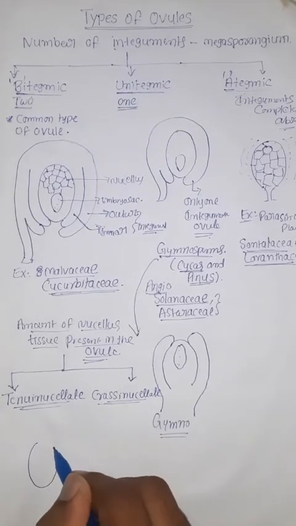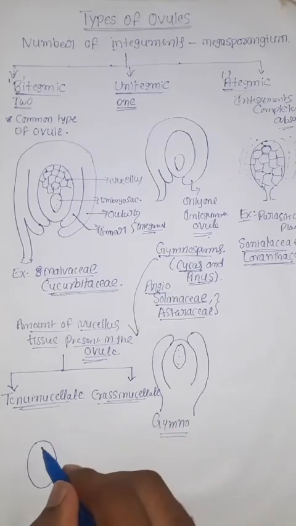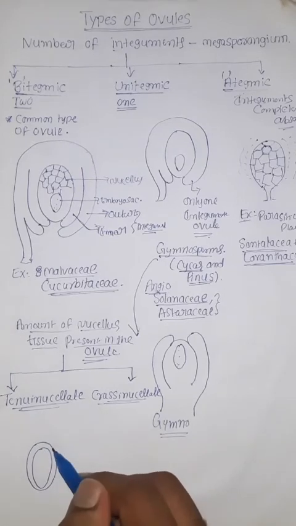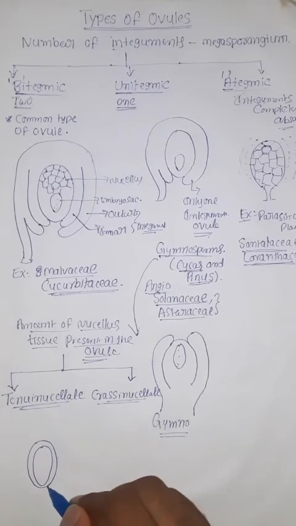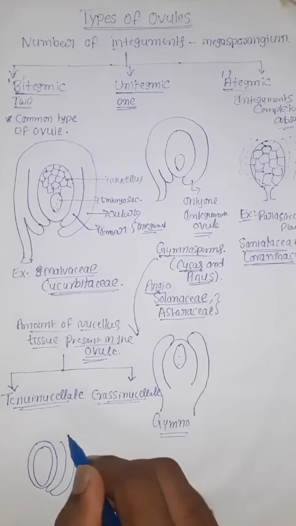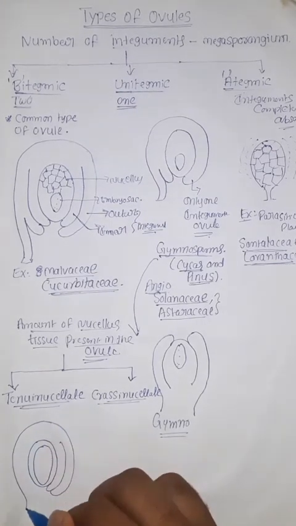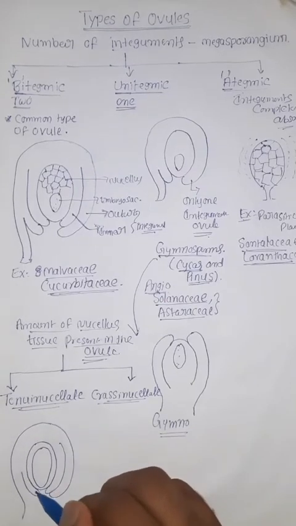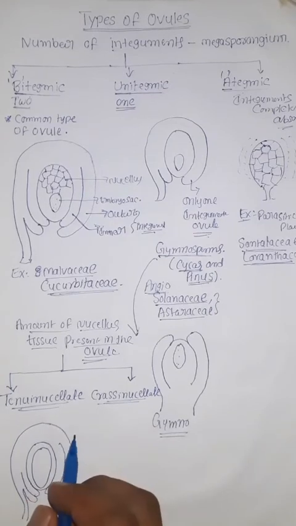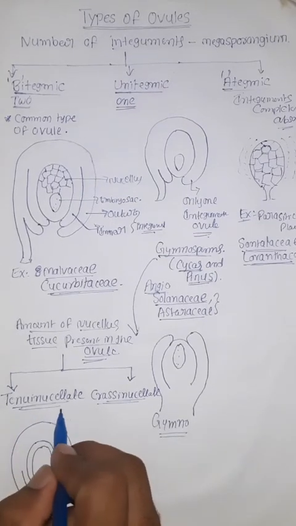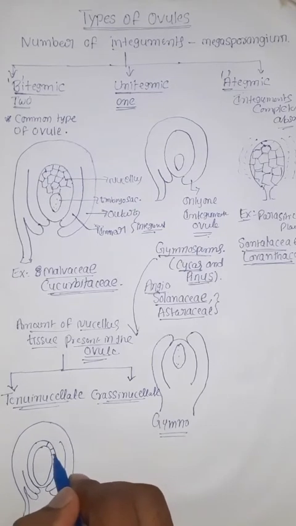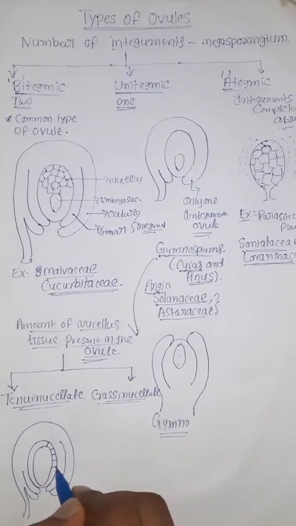Here it is megasporangium. In the megasporangium we have the embryo sac, right? Around megasporangium either one or two protective layers called integuments will be present. Here the important thing is, in the tenuinucellate type of ovules, the nucellus is just a single layer.